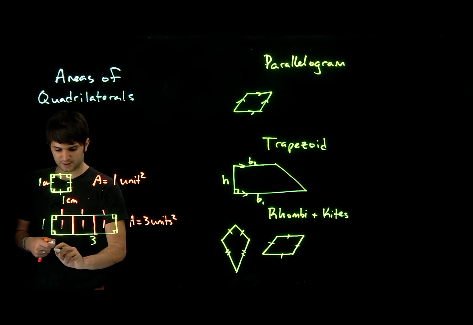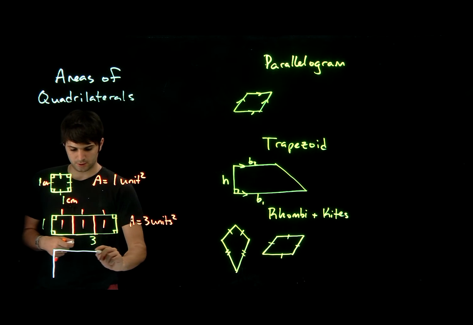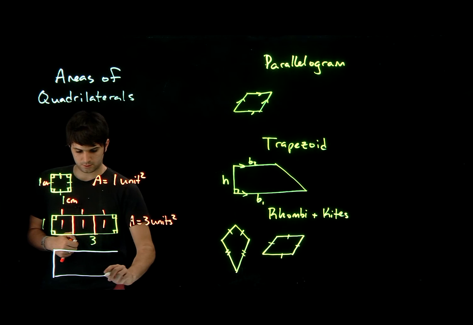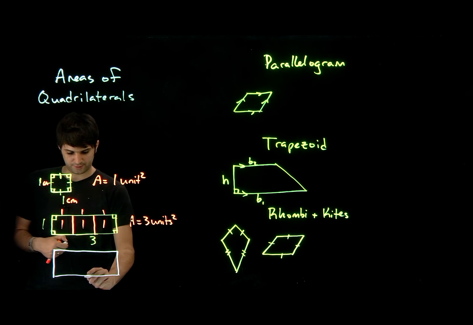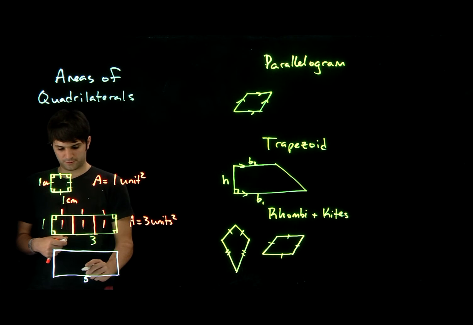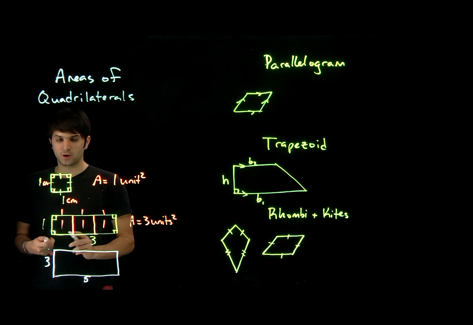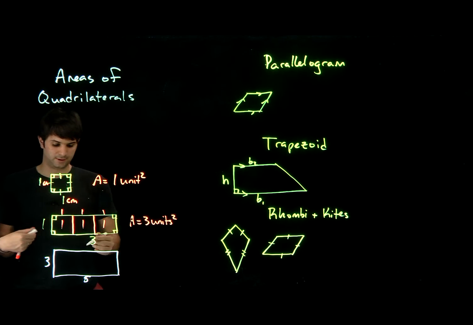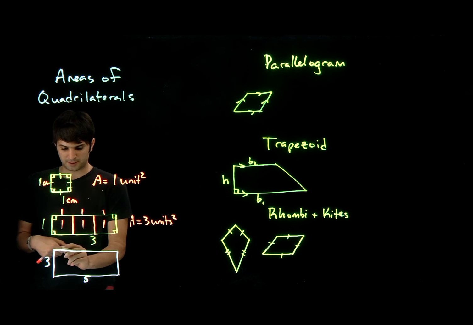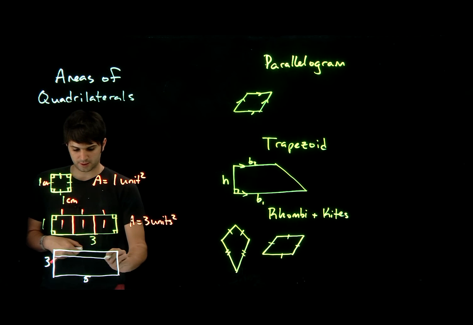Okay. Let me draw another, slightly more complex example, although it won't be to scale. Let's just say this is 5 by 3. Now from any rectangle, you're going to do the same theoretical idea. 5 by 3, what we're going to do is split this up into 3 here. So 1, 2, 3.